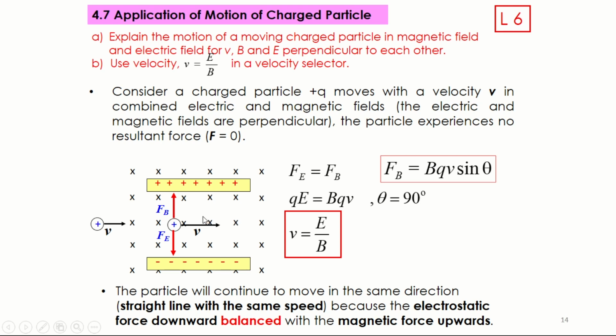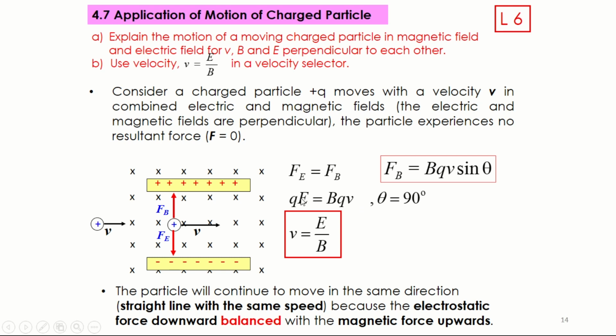From this diagram, you can determine V. FE equals FB, where FE equals QE and FB equals BQV sine theta. Theta is the angle between B and V, which is 90 degrees, and sine 90 degrees equals 1. So FB equals BQV.